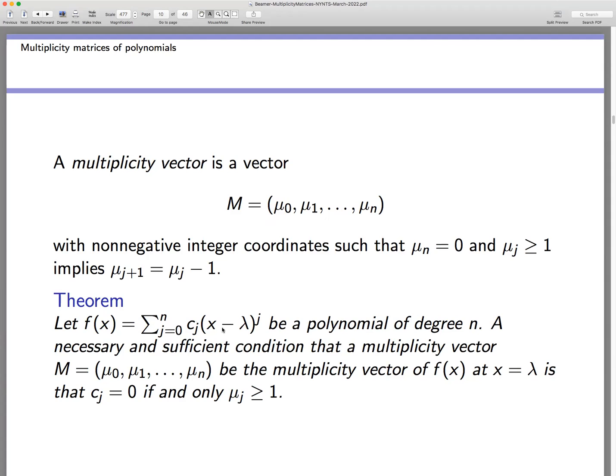So if f of x is this polynomial with the Taylor expansion at lambda, a necessary and sufficient condition that a multiplicity vector, mu_0 up to mu_n, be the multiplicity vector of this polynomial at lambda is that the coefficient of the jth term is 0 if and only if mu_j is not 0. So what this says is that every multiplicity vector is the multiplicity vector of some polynomial.